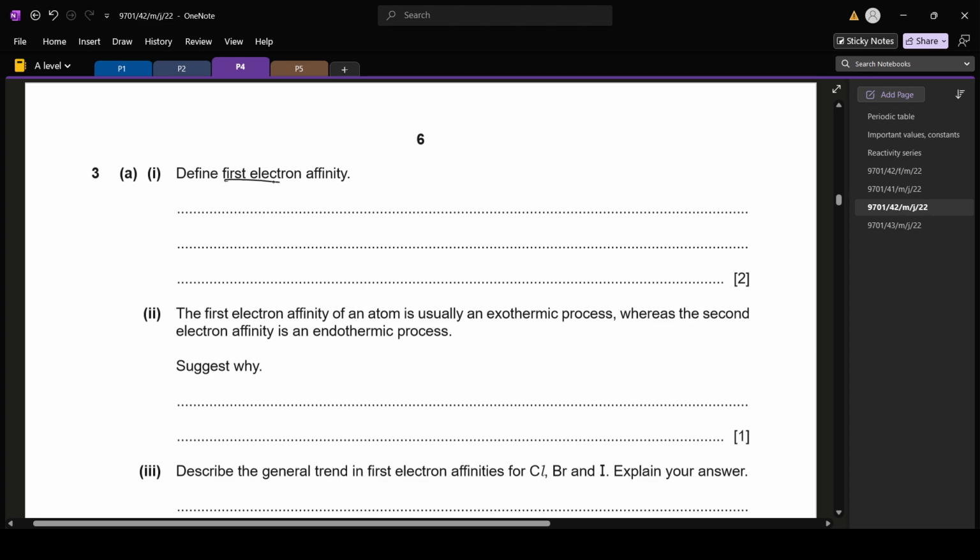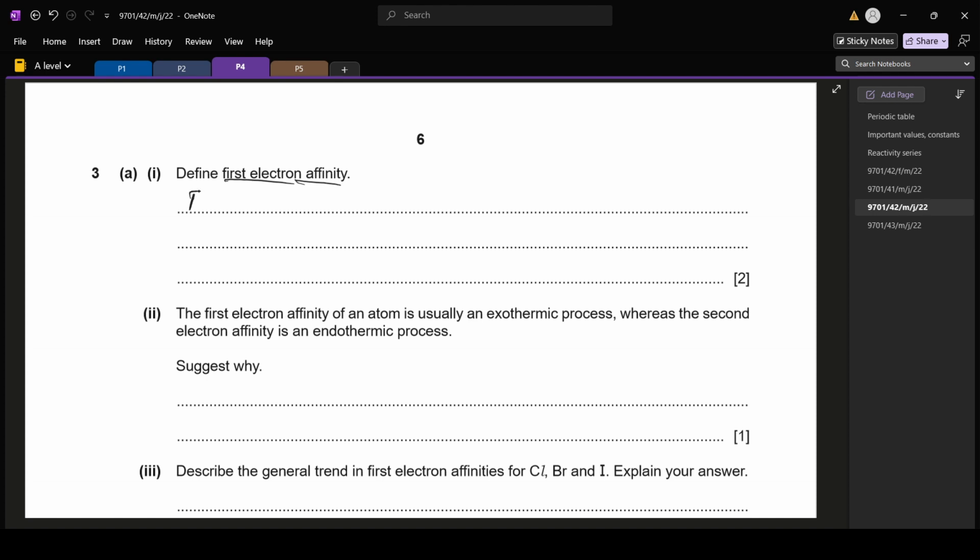Question number 3. Define first electron affinity. It is the enthalpy change when 1 mole of electrons is gained by 1 mole of gaseous atoms.